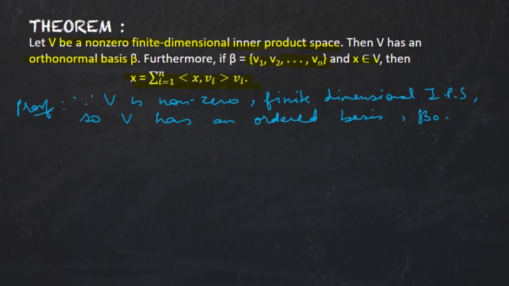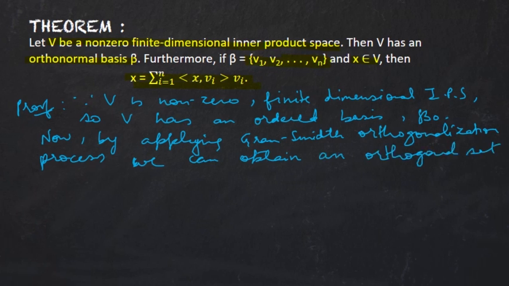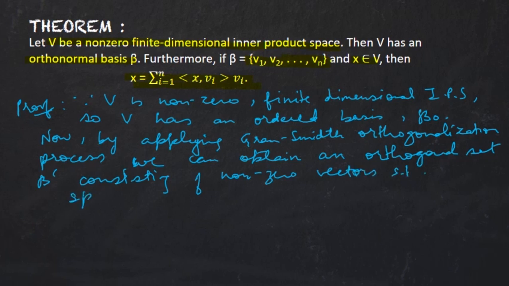Now by applying the Gram-Schmidt orthogonalization process, we can obtain an orthogonal set beta dash, consisting of non-zero vectors such that span of beta dash is equal to span of beta naught. Now because beta naught was an ordered basis for V, span of beta naught is nothing but V.